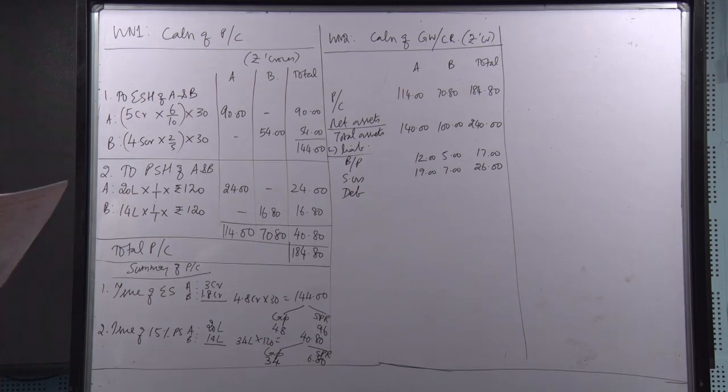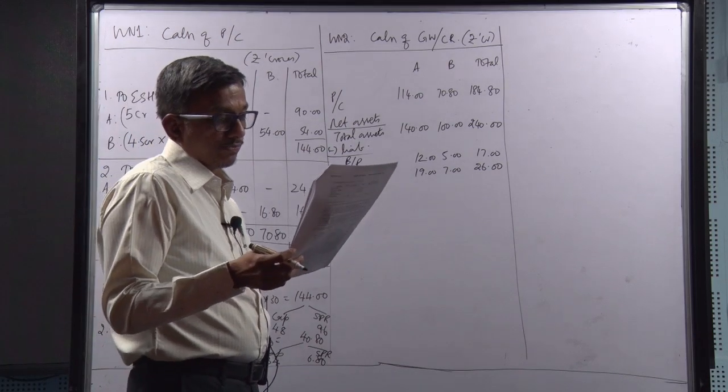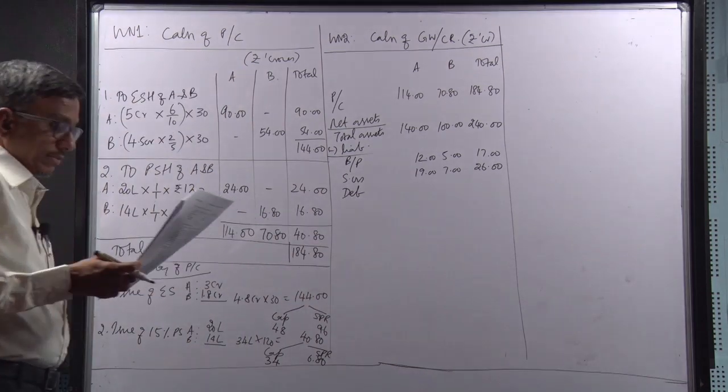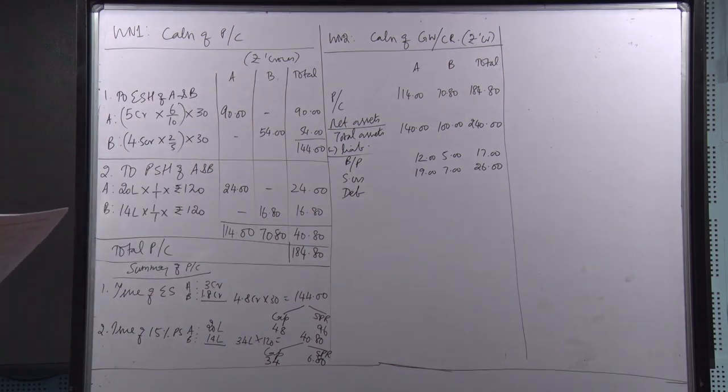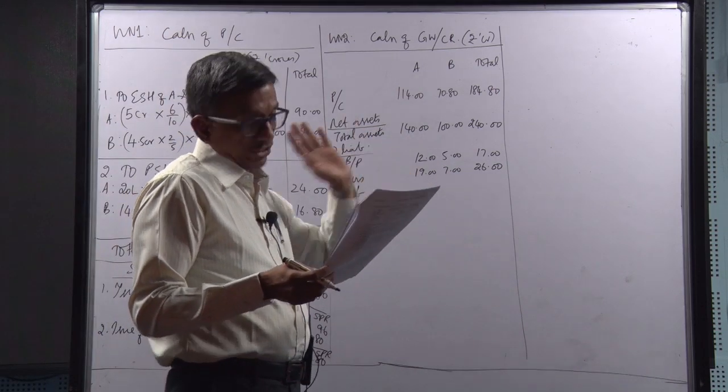What does it mean? In A Limited, debenture value is 4 crore. 15% interest will be how much? 60 lakhs. Similarly, in B Limited, 5 crores is the total debenture value. 15% is 75 lakhs. C Limited will issue 18% debentures such that the interest amount will not change.